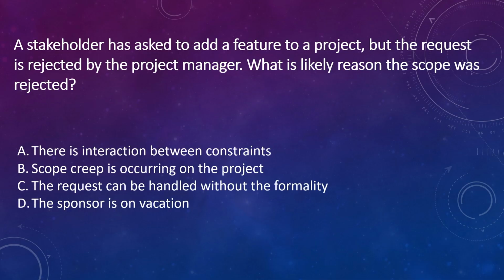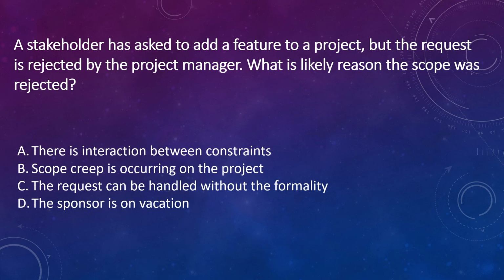A stakeholder has asked to add a feature to a project, but the request is rejected by the project manager. What is the likely reason the scope was rejected? A, there is interaction between constraints. B, scope creep is occurring on the project. C, the request can be handled without the formality.